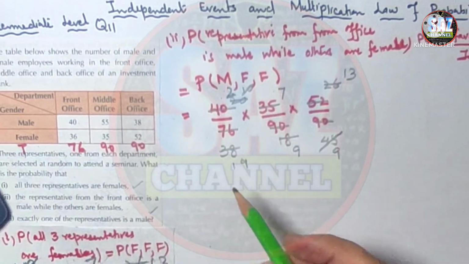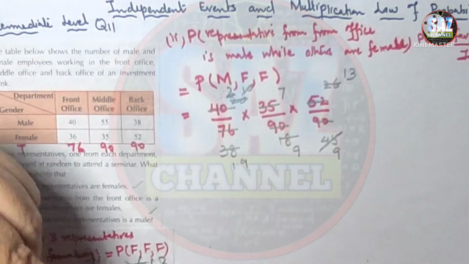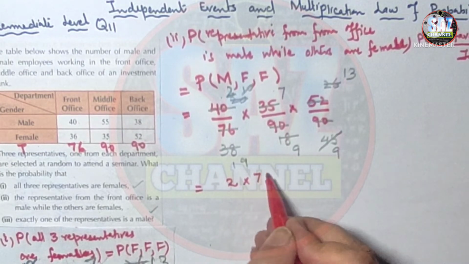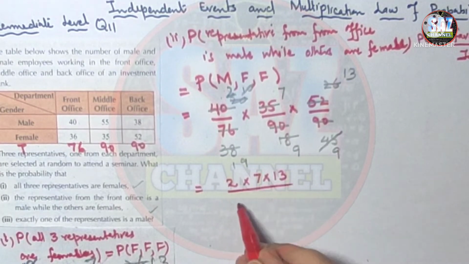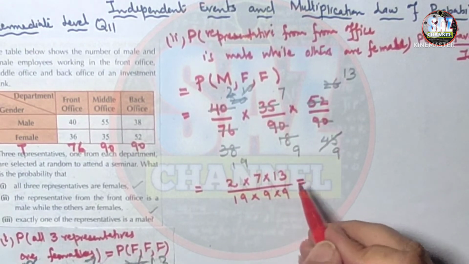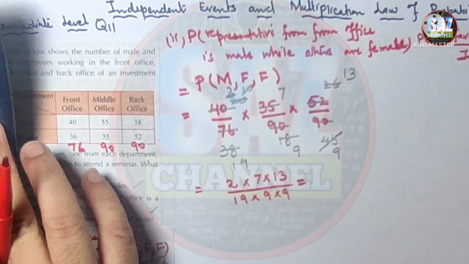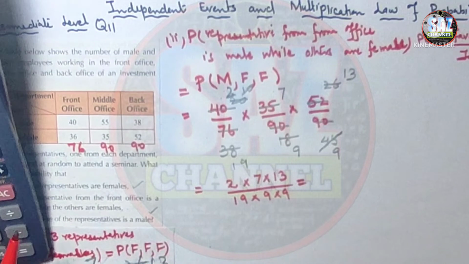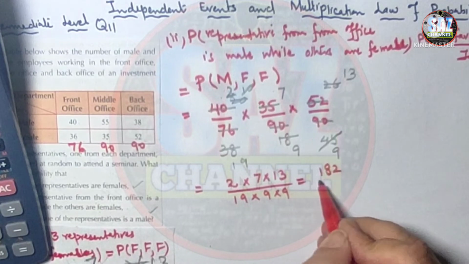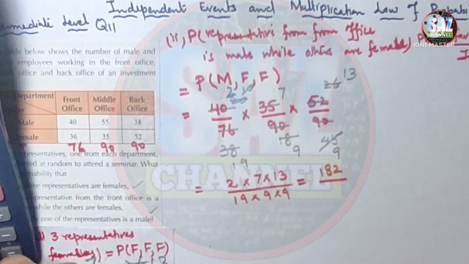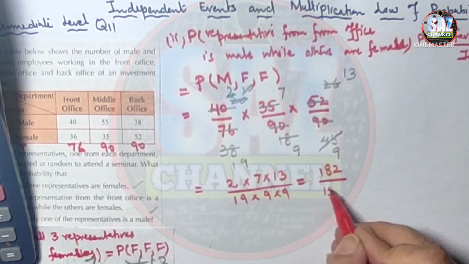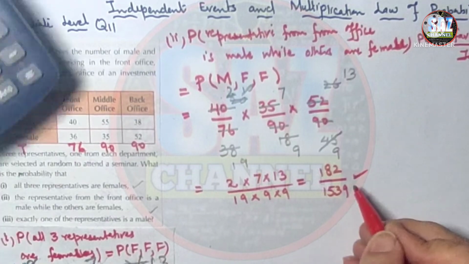This is 2 multiplied by 7 multiplied by 13 upon 19 multiplied by 9 multiplied by 9. 13 sevens are 91, times 2 is 182, divided by 19 multiplied by 81, which is 1539. I hope you are clear about this part.